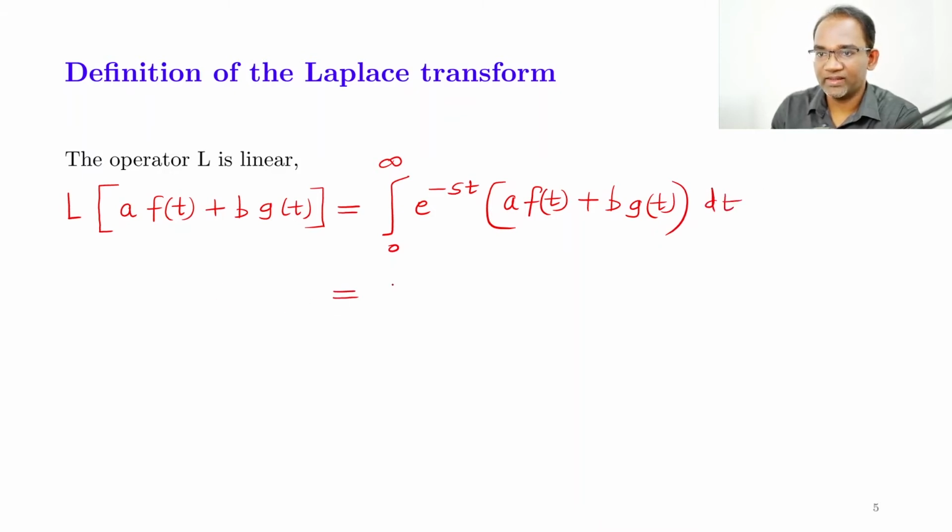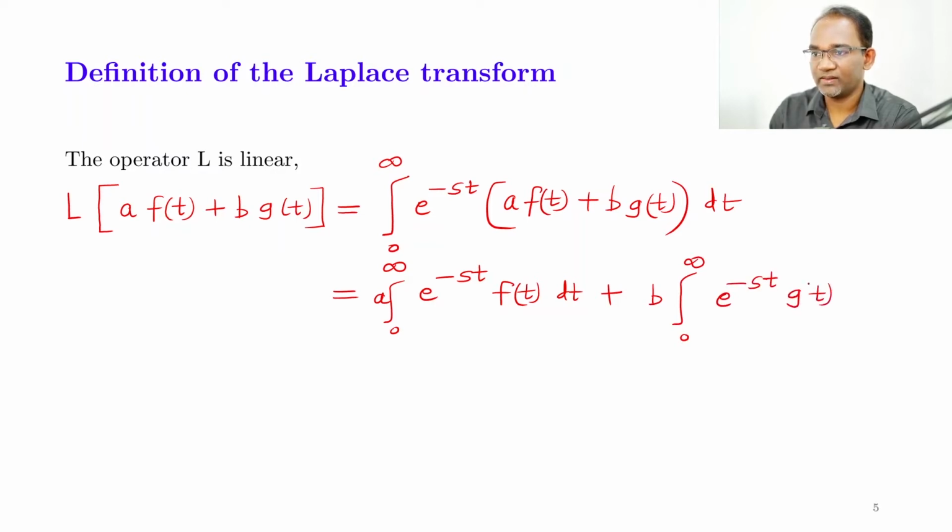When we expand this, it is a times the integral from 0 to infinity of e raised to minus st f(t) dt plus b times the integral from 0 to infinity of e raised to minus st g(t) dt.